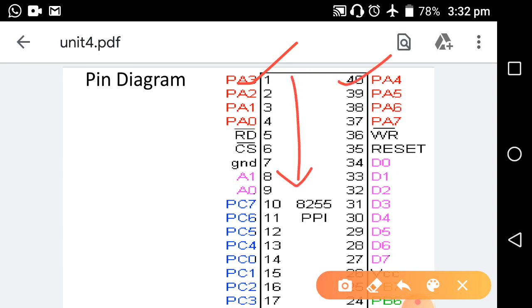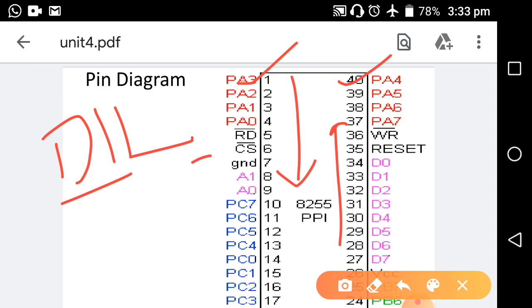The numbering goes from the top of the left side to the bottom, and from the bottom of the right side to the top of the right side. This packaging is called the dual in-line package, DIP in short.